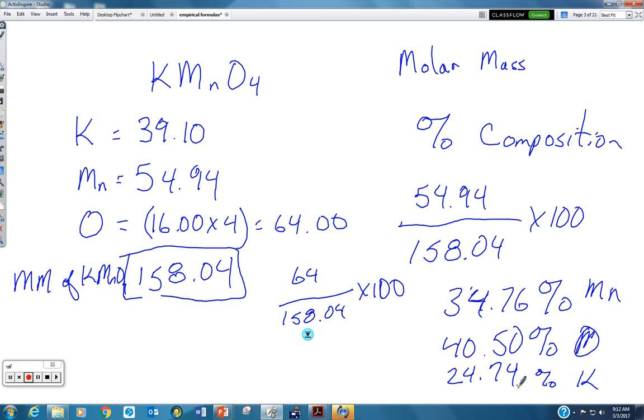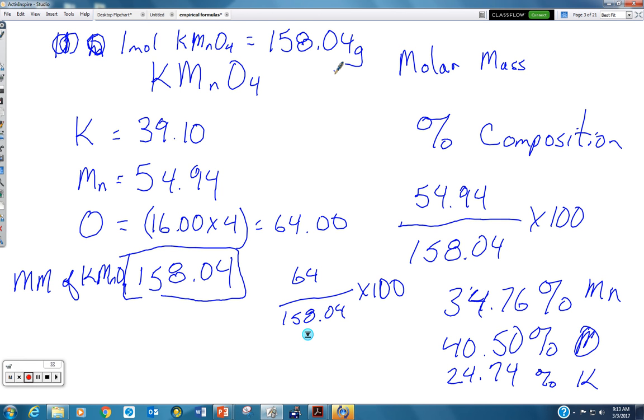So formula mass, molar mass, what that tells us is the mass. Let me write this number over here. In 1 mole of KMnO4, our potassium permanganate, is going to equal 158.04 grams.